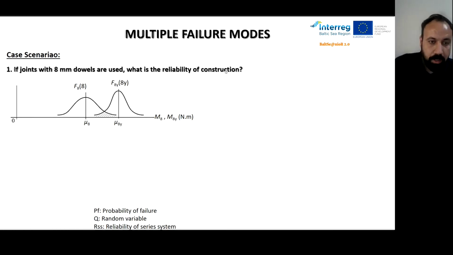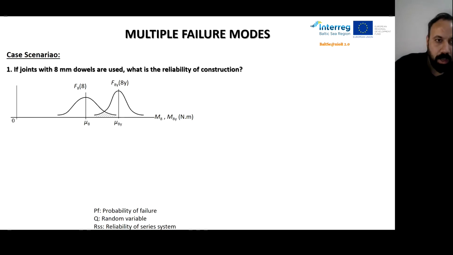Here I get the result from the test joint sample, and I get the result here from my construction. If they overlap here, the failure will start. And if we go to the right side, the failure probability gets higher.